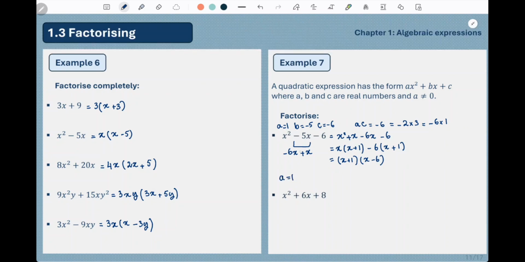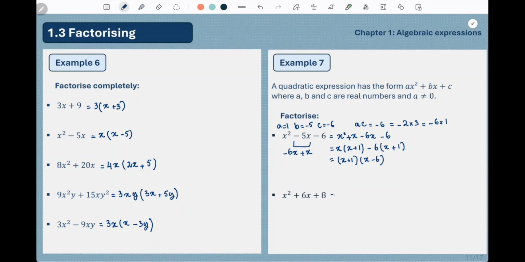When a is 1 and you have these kinds of expressions and you find out that your factors are 1 and minus 6, you just deduce that it's written like this, x plus 1 times x minus 6. I don't know if it makes sense, but later on, at other stages where factorization is not what you're being assessed on, it's easy to use this shortcut, if that makes sense.